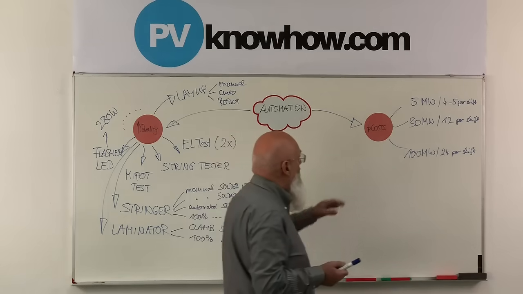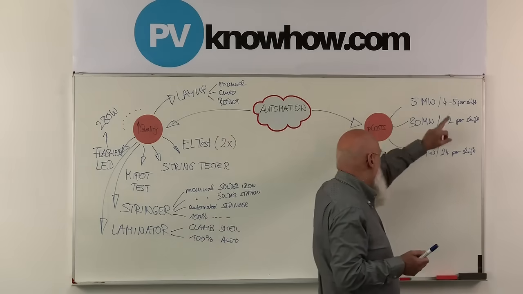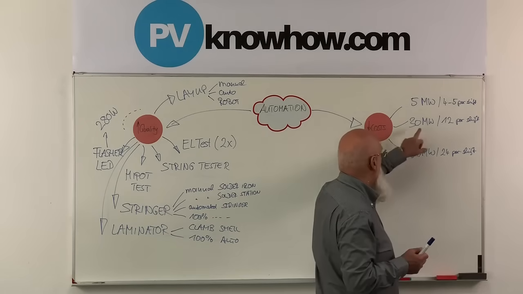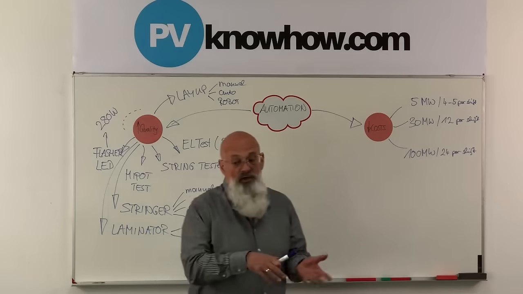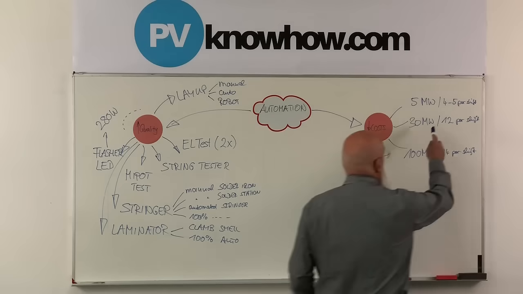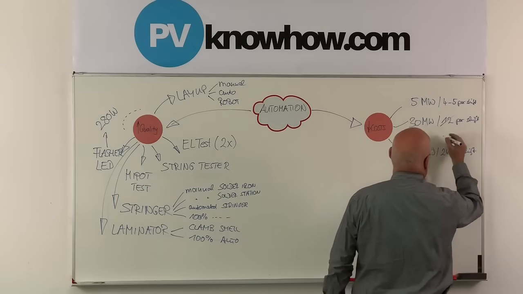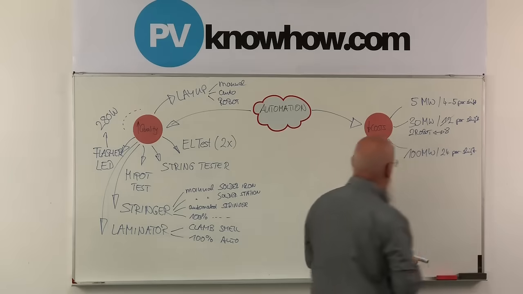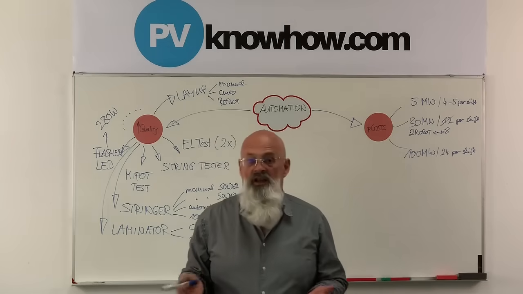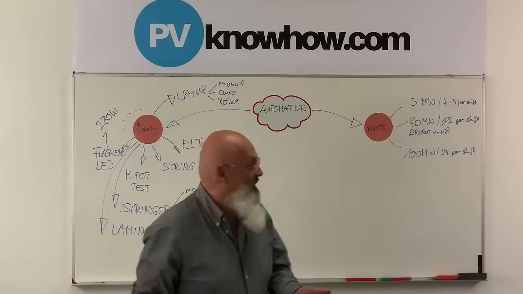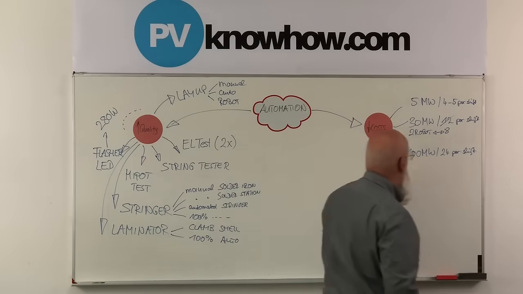Let's not talk about 5 megawatt because it's very difficult to automate 5 megawatt, but 30 megawatt can be more manual, can be more robot automated. And in that case, maybe you can reduce the 12 per shift to 8. And you have 2 robots to buy, and now you have to compare how much you invest for the robots and how much you invest for the workers. If the workers are more expensive, then maybe this robot solution is better with the 30 megawatt.